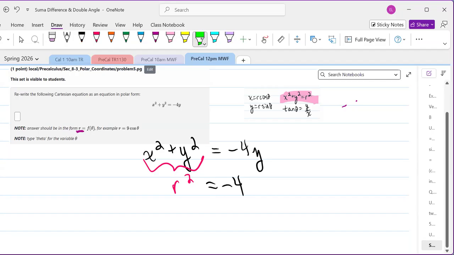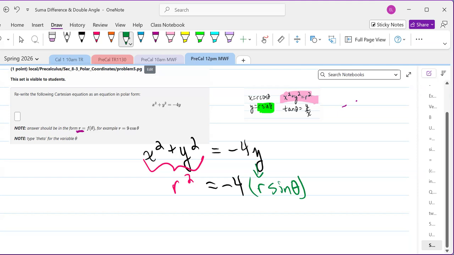And then instead of our y, I can trade out that y for r sine theta. Now for the test, x's are gone, y's are gone, only r and theta, done. That's a polar form. You don't have to do more work.